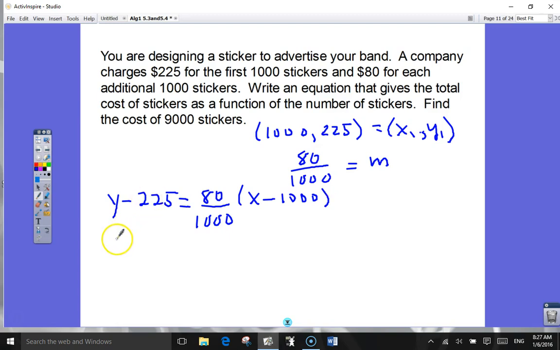This is going to be y minus 225 equals 80 over 1,000. What is that as a simplified fraction? 2 over 25? You do 80 divided by 1,000 on the calculator. Not 80 over 100, 80 over 1,000.